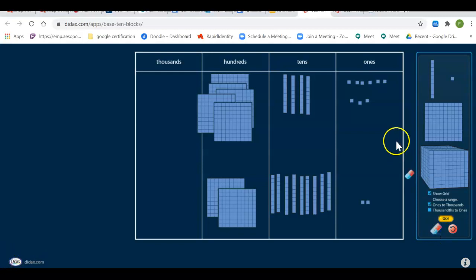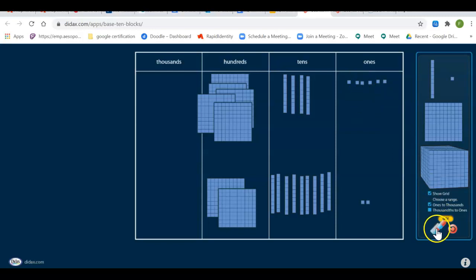Okay, so we had our group of 10, and we made enough of these, 10 of these, enough to regroup, which made 1 ten. So we added the new 10 over here. We just got to remove this group of 1s now.